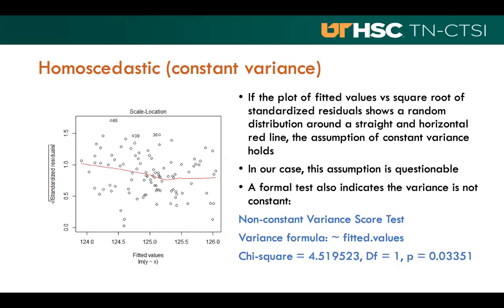If the plot of the fitted values versus the square root of the standardized residuals shows a random distribution around a straight line, and you have a beautiful horizontal red line, the assumption of constant variance holds. In our case, this assumption is, like I said, questionable because we have a curvature at this point. A formal test also indicates that the variance is not constant.